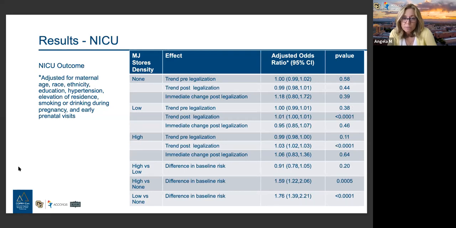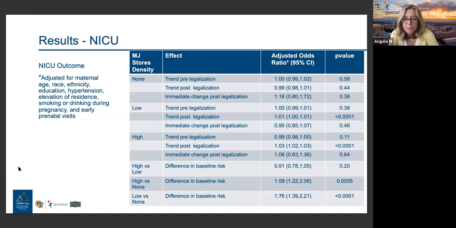Okay, so this is odds ratios as well. We're seeing that increase. If you look at the low group, the low store density counties, and the trend post, you'll see that it's significant, 1.01. And those confidence intervals are really narrow because this is a very large population here.